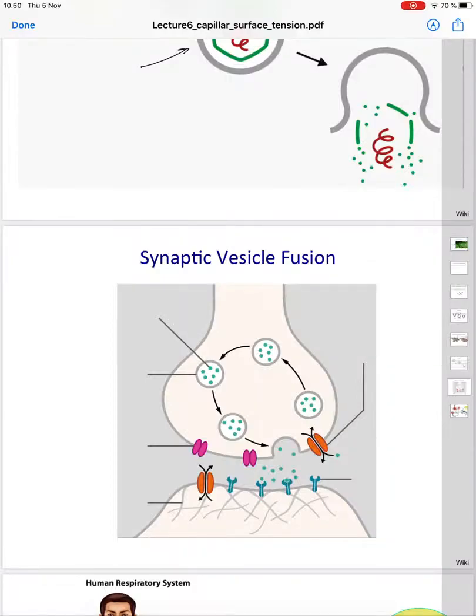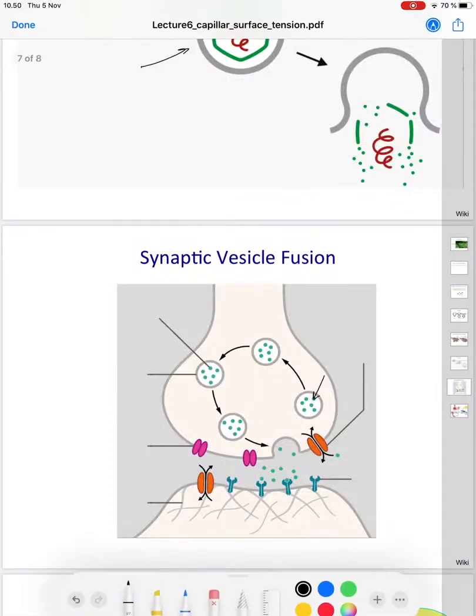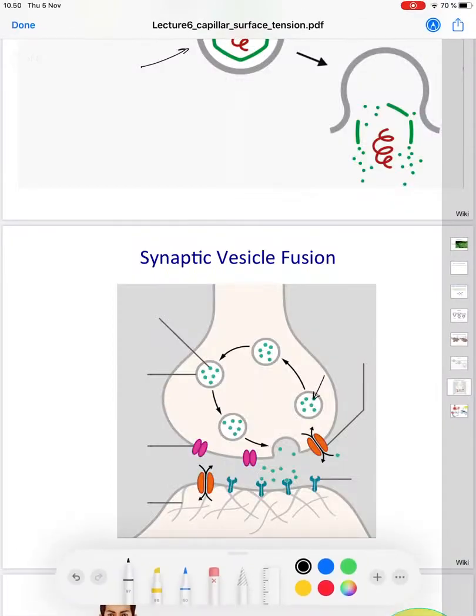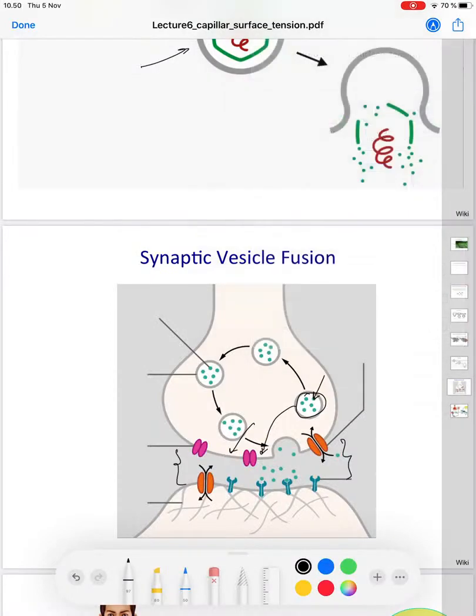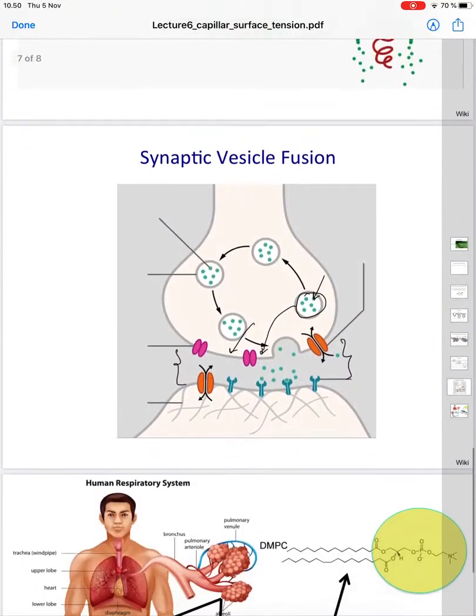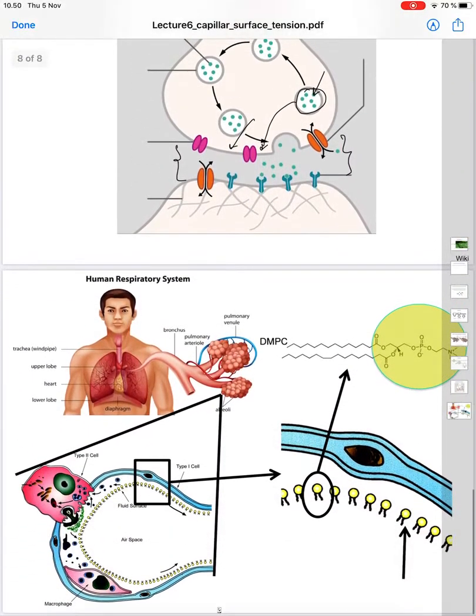Most of you are aware that in a synapse, a synaptic vesicle carrying neurotransmitter fuses with the membrane here to release the neurotransmitter into the synaptic space here, and this fusion of the vesicle into the synaptic membrane, or the membrane of this axon here, depends on the tension in the membrane. There are several other examples that you can read in a review paper or in literature.